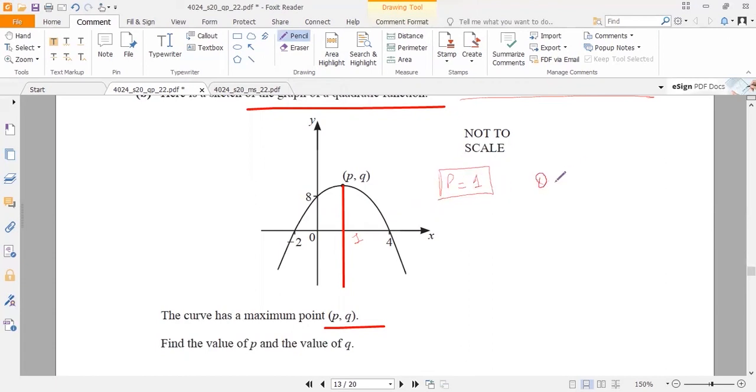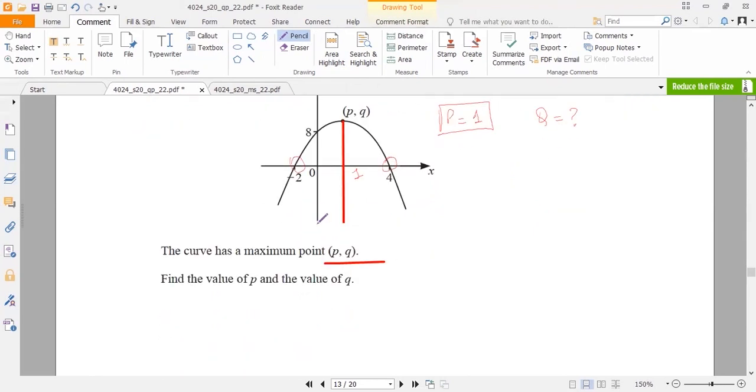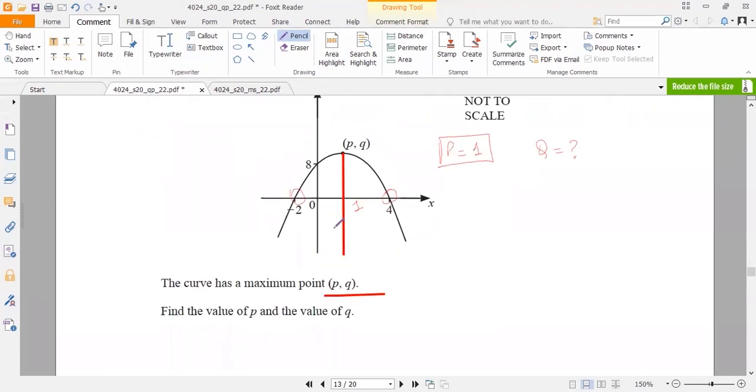Okay. For the value of Q, we need to find out the equation of this curve. Okay, we can find out the equation of this curve with the help of these points. It will be x equals -2 at y equals 0, and x equals 4.